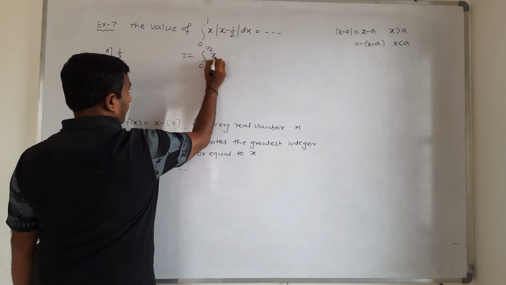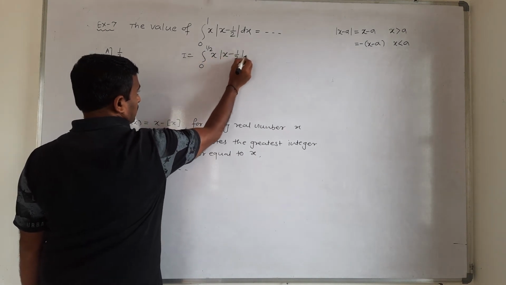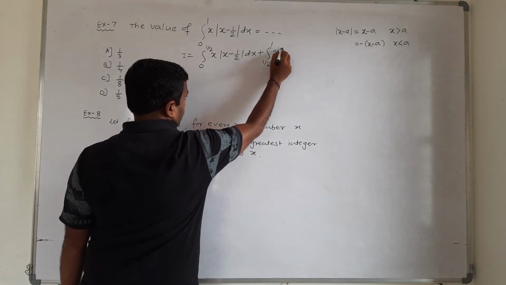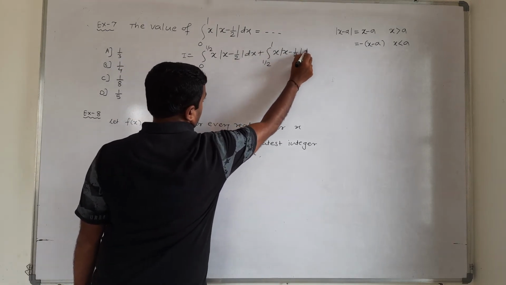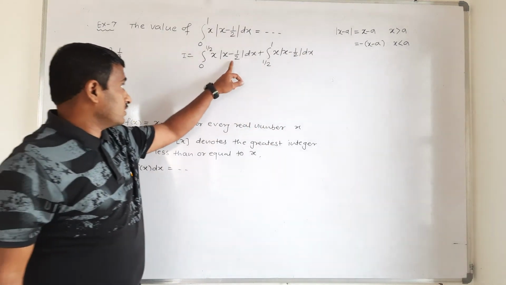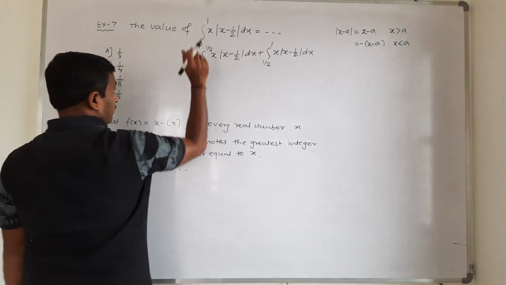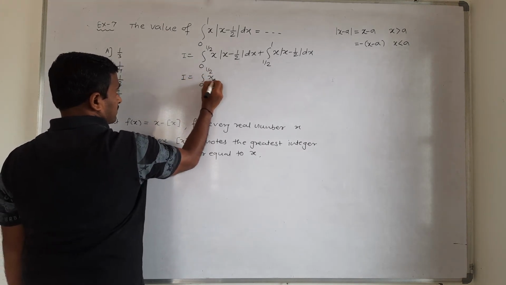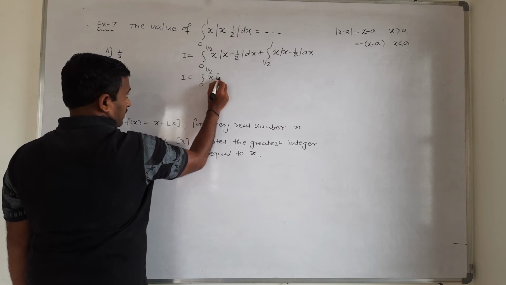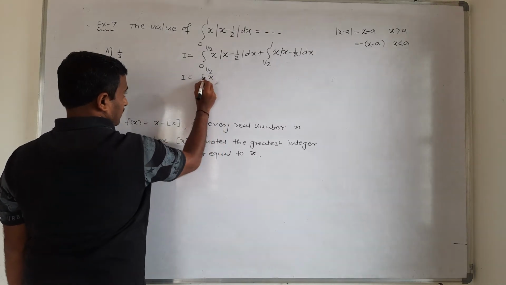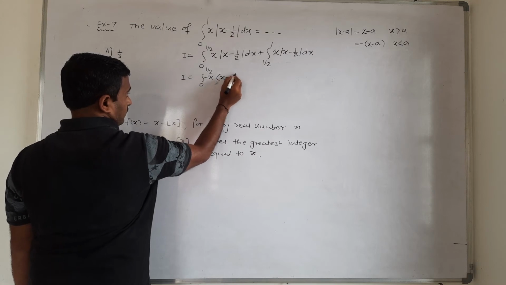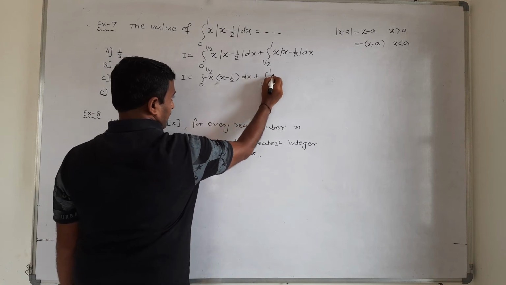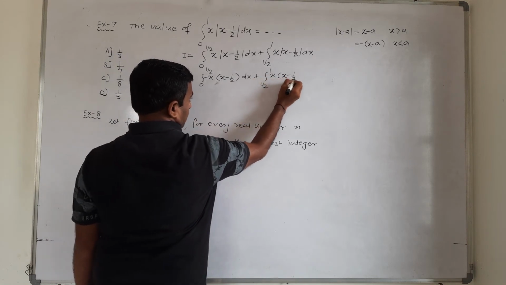Therefore 0 to 1 by 2 x mod x minus 1 by 2 plus 1 by 2 to 1 x into mod x minus 1 by 2. The value of this x minus 1 by 2 in between 0 and 1 by 2 is negative. Therefore I is equal to 0 to 1 by 2 x into minus of x minus 1 by 2 dx, plus 1 by 2 to 1, it is positive, x into x minus 1 by 2 dx.